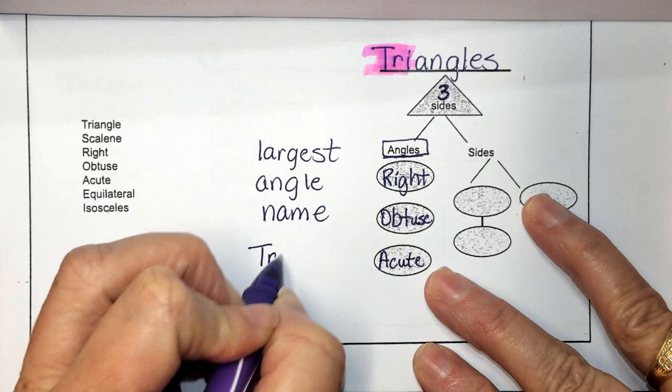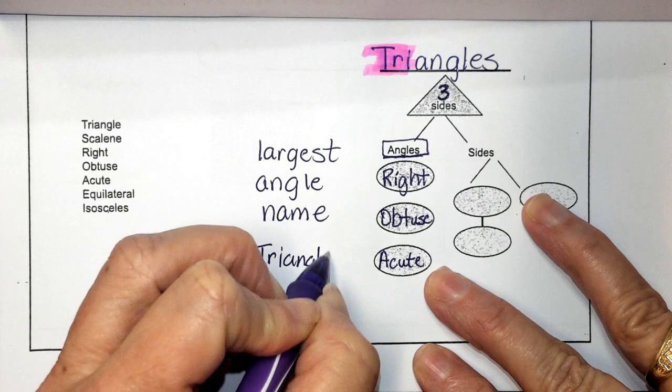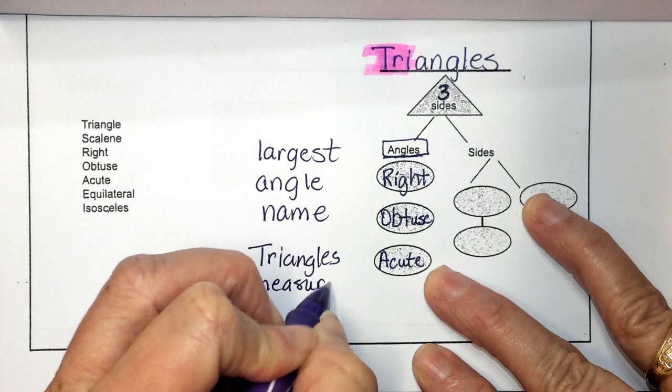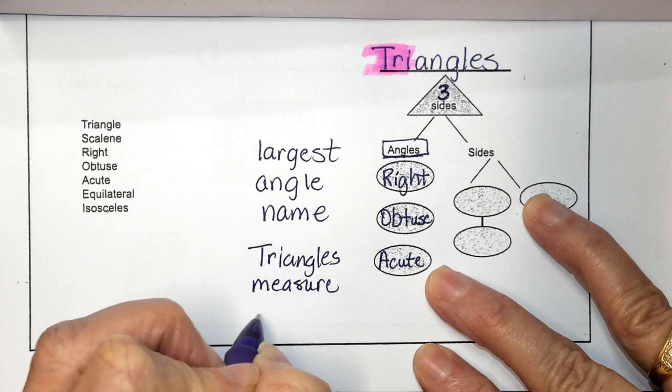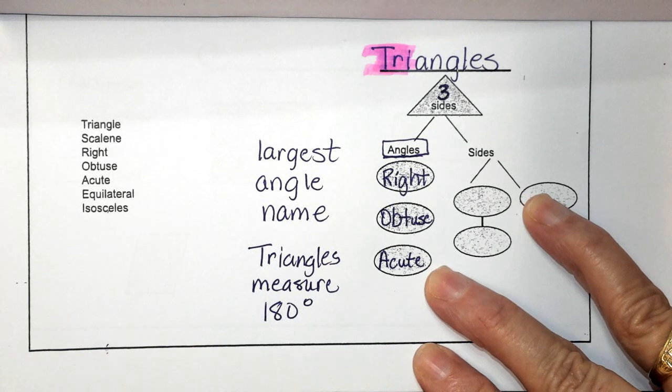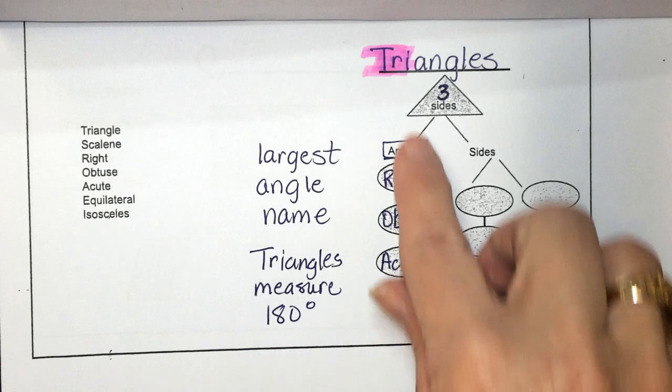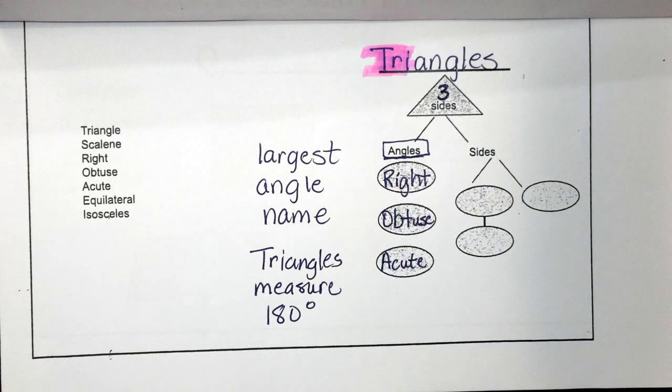Triangles measure to 180 degrees. That's why you know that if we're talking about naming a triangle by its angle, we can only have one right angle in a triangle because the angle is 90 degrees.